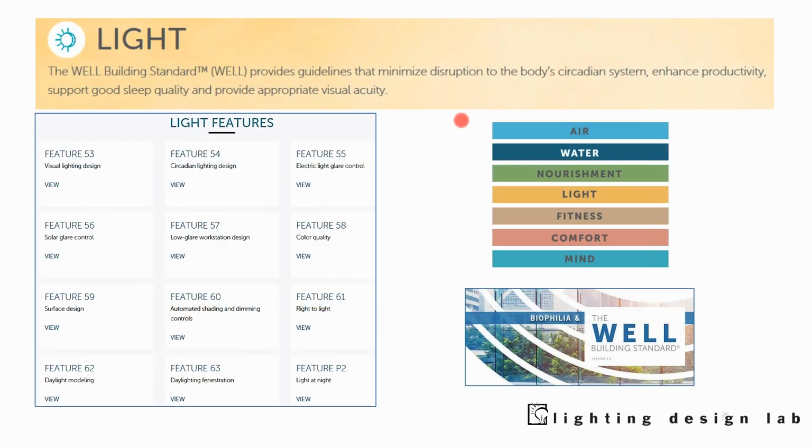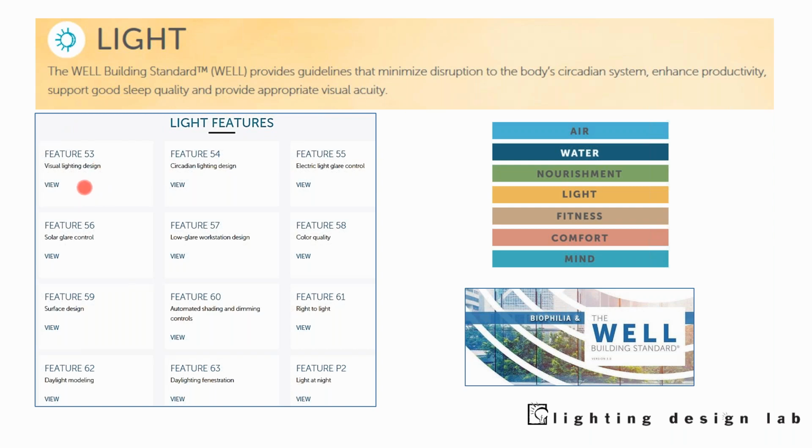Another one, though, that's gaining a lot of traction is the WELL Building Standard. And that has more to do, in particular, with occupant comfort and productivity. Guidelines minimize disruption of the circadian system, enhance productivity, and provide appropriate visual acuity.